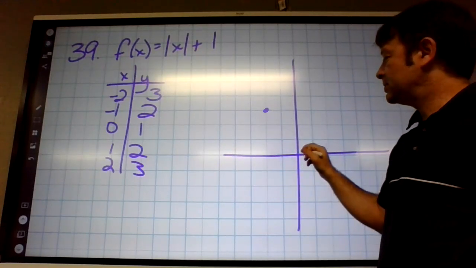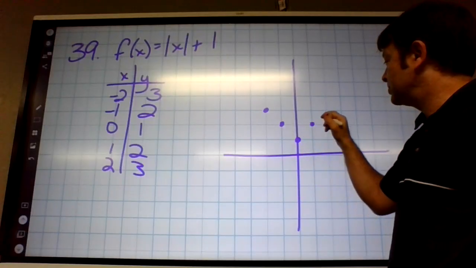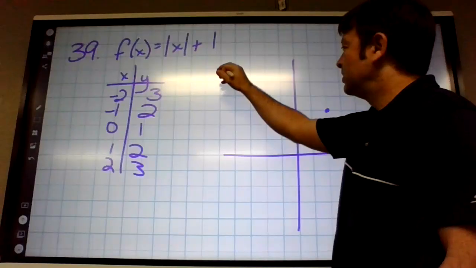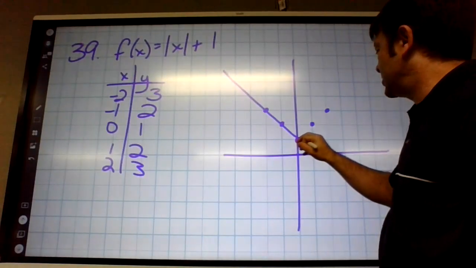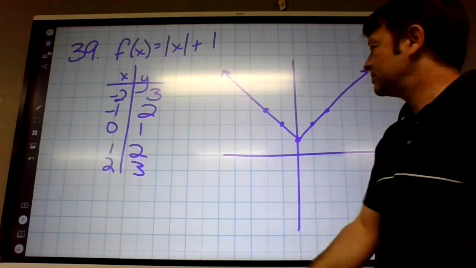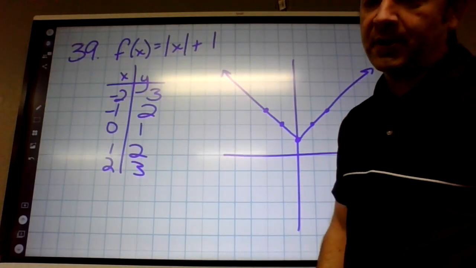So -2, 3. -1, 2. 0, 1. 1, 2. 2, 3. Should we connect the dots? Yes. Just kidding. The domain is unlimited. We just chose a few random ones. Is that all I asked for? Yeah, just the graph.